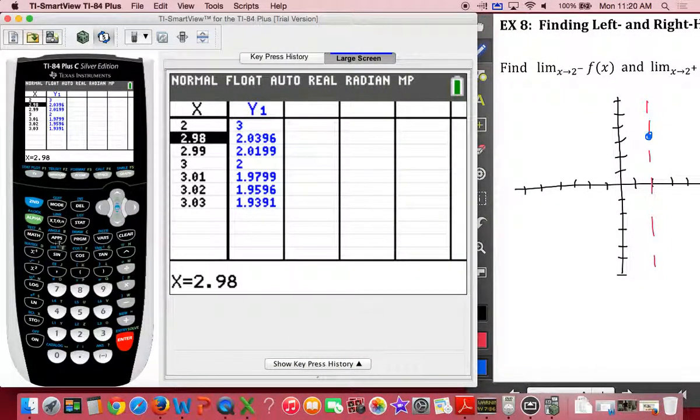Use your table of values to your advantage. So we already put in 2. What's a number to the left? Because I want to be graphing to the left here. Don't go quite so far. The first number to the left, isn't it 1? So I want to plug in 1, and I get 2. So I'm going to plot the point 1, 2. And then my next number to the left is 0.